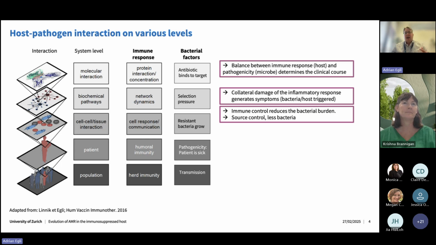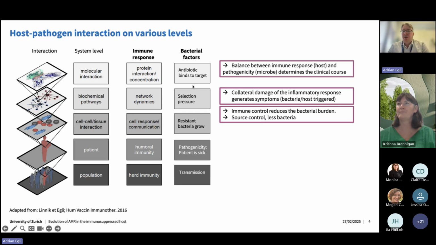And then as soon as the bacterial amount and the corresponding immune response is so severe that it reaches a threshold for us physicians, we could then detect, for example, the patient is sick because a patient has fever, certain symptoms, etc. That would be the level of the patient. And then obviously a bacteria then can also be transmitted.